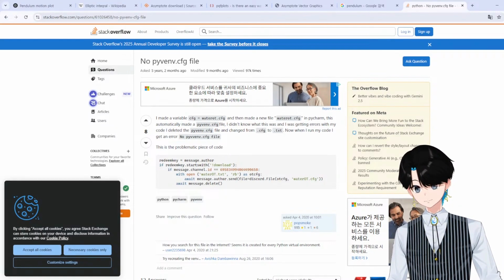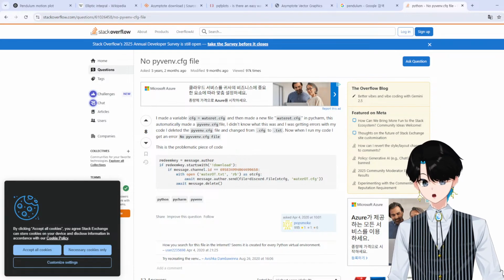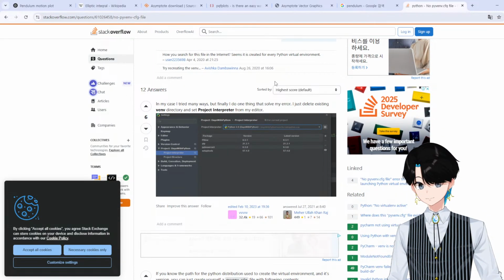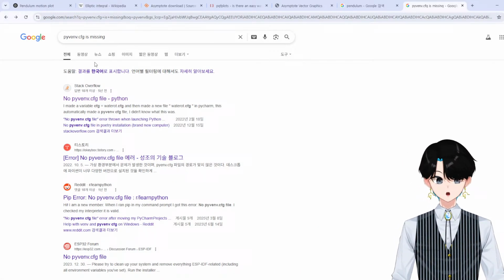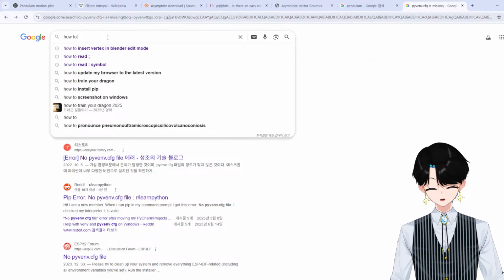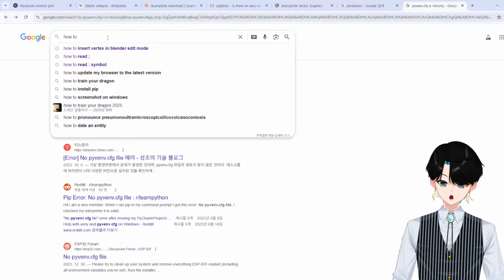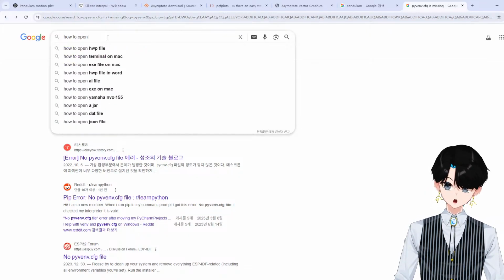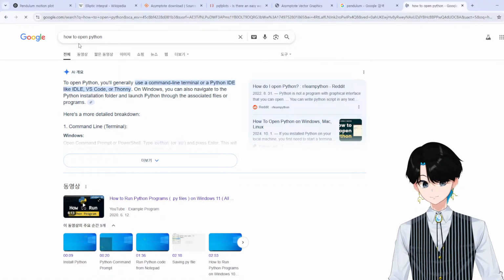I didn't know what this was, and I was getting errors with my code, so I deleted that file. Do I really have to Google how to open Python? Jesus, this is very embarrassing. How to open Python.